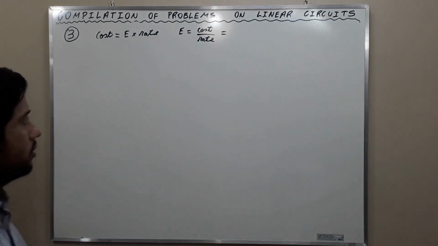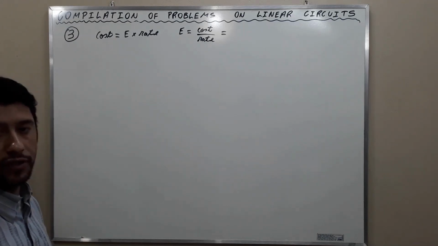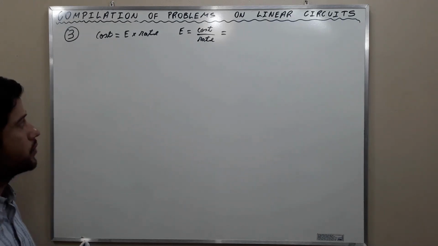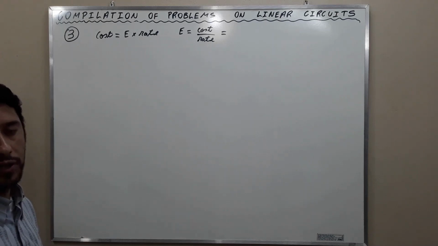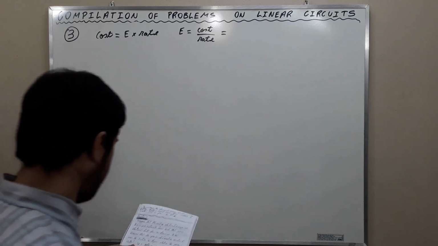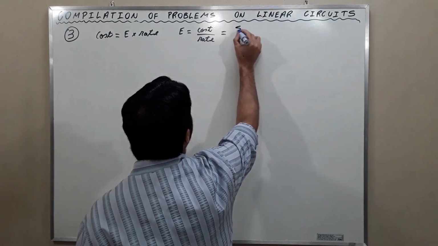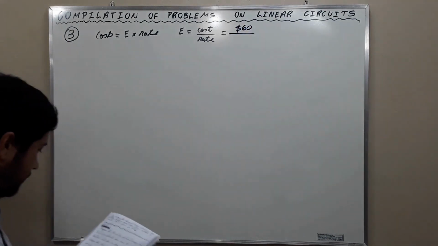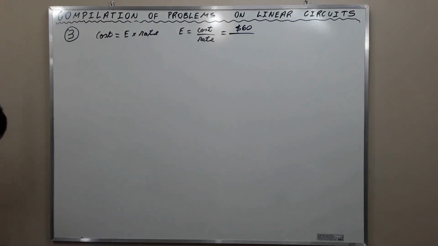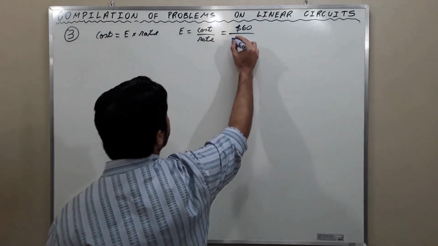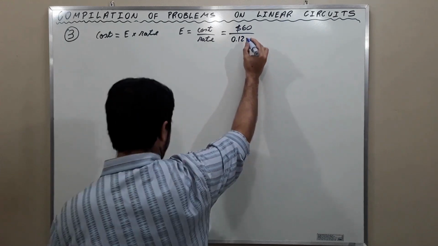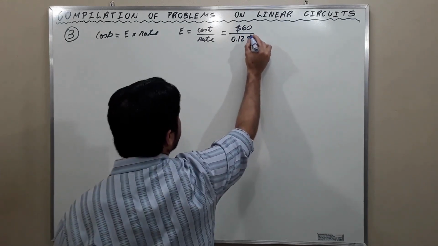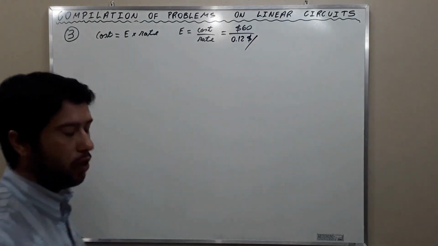The cost was $60. You are paying $60 in that month. And the rate, as the exercise says, is 12 cents per kilowatt hour.